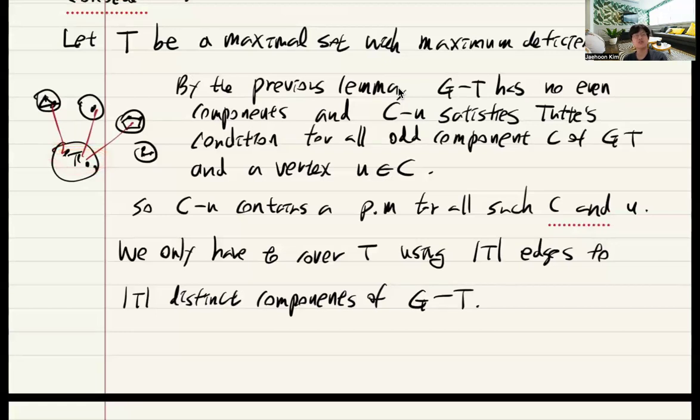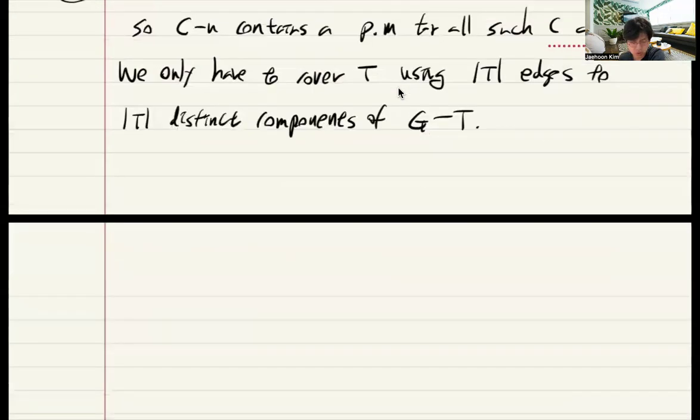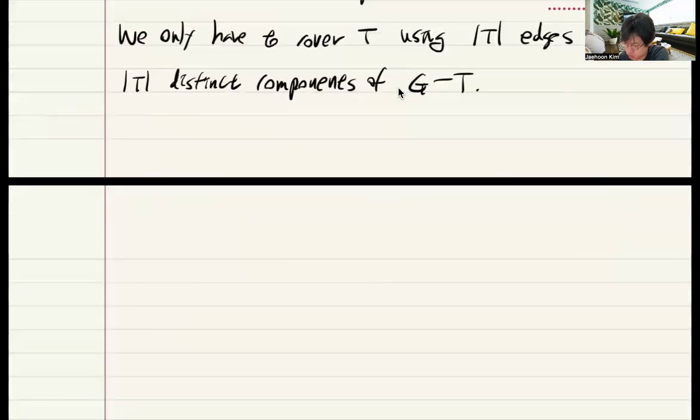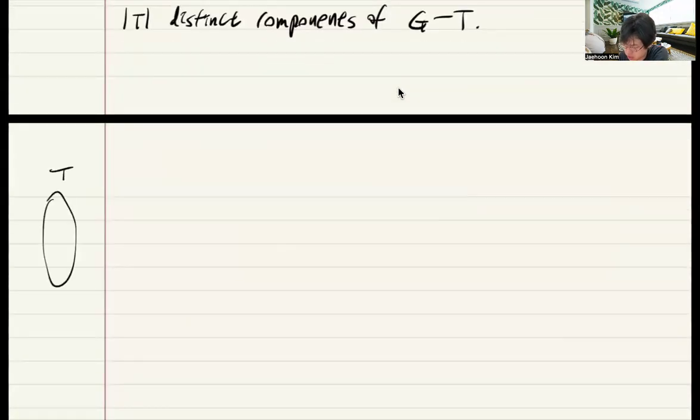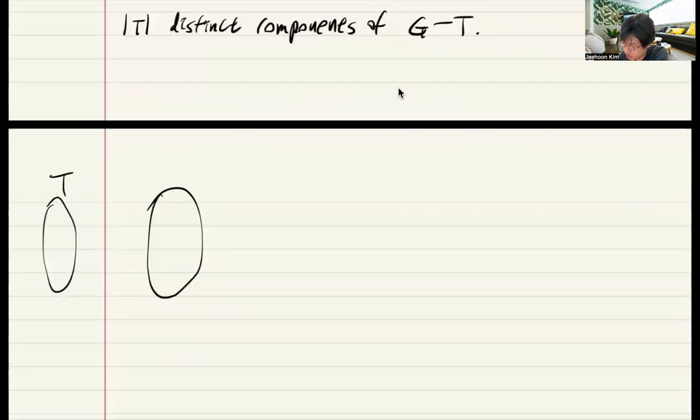That's actually very similar to the situation we dealt with last time. It's matching in a bipartite graph, so you can apply Hall's theorem there. So we consider here T, and then here we have the components.